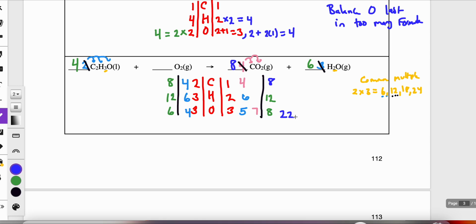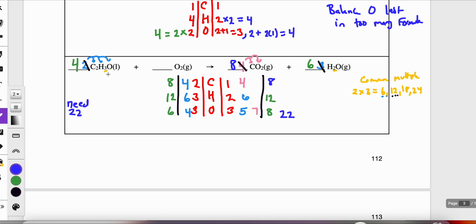All right, so over here on the left, I only have one place that I can put a coefficient, and I need to have a total of 22 oxygens, right? So I have to do a little math here. So what I need is 22, right?